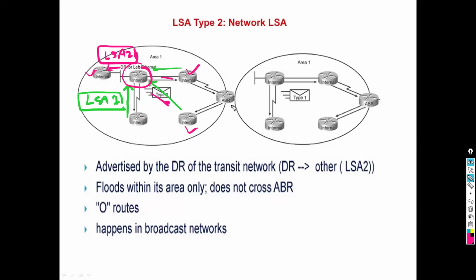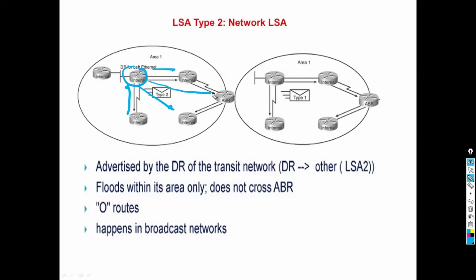Now if anything happens in the area, all the updates will go to the DR. Then the DR will send the update to all the routers, including the ABR router. Now the ABR will send this update to the next area.